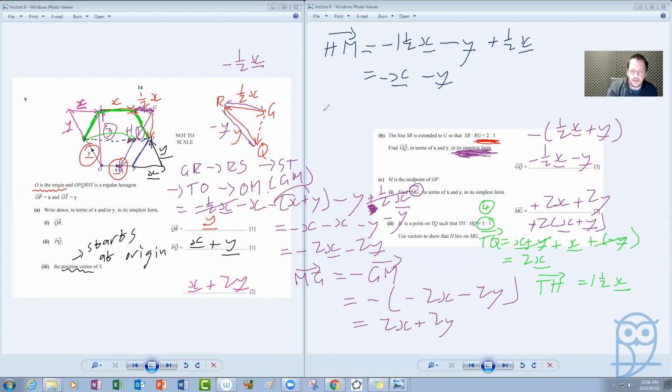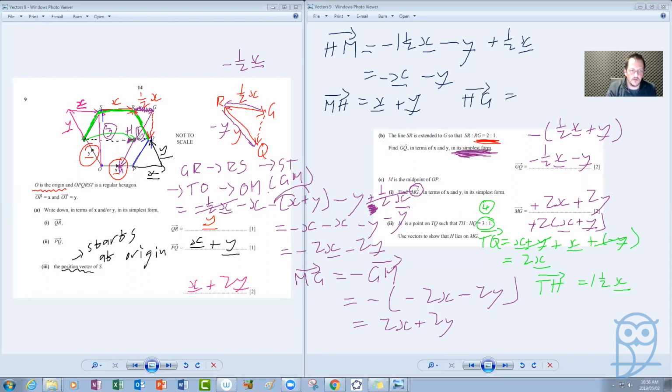So let's use MH rather, because I know that MH plus HG would equal, hopefully, MG. So MH is x plus y. Okay, great. What about HG?